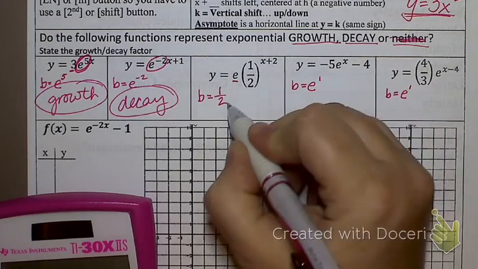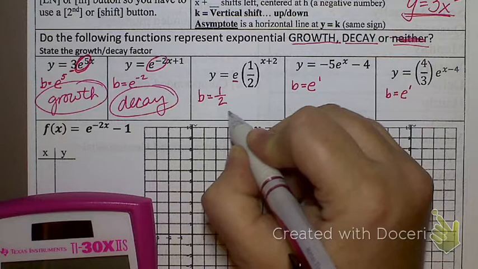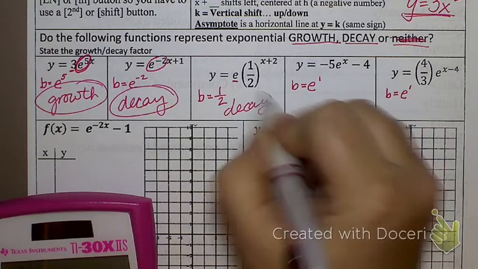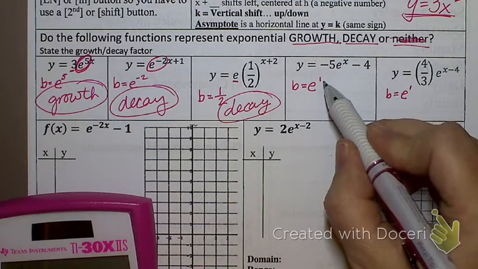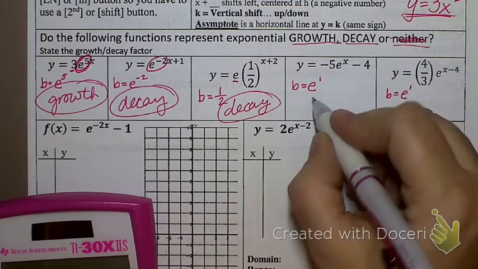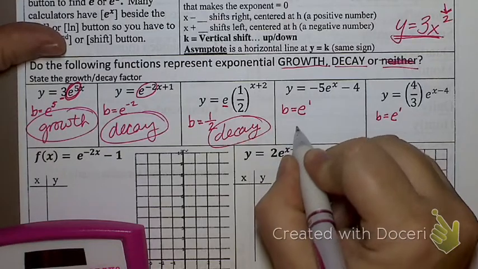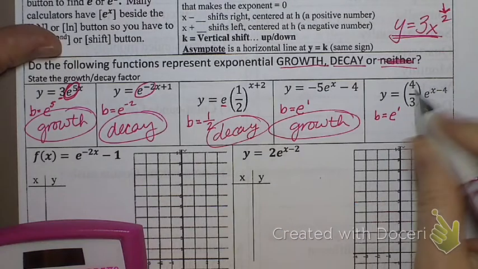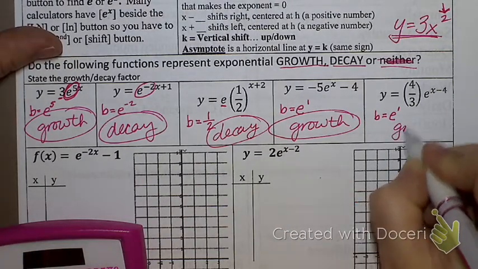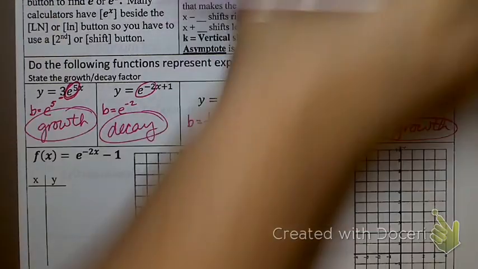What about 1/2? Notice it's not e to the 1/2, it's just 1/2. That is decay, because it's 0.5 and that's less than 1. What's e to the first? 2.71, right? So is that growth or decay? And the next one is also e to the first, so it is also growth. Okay? Questions there?